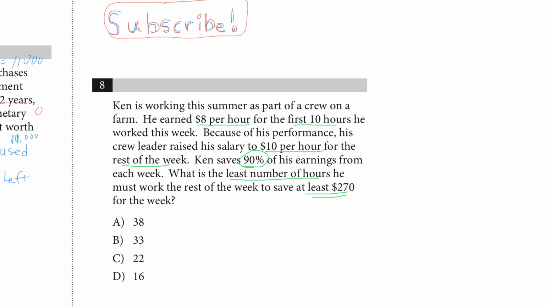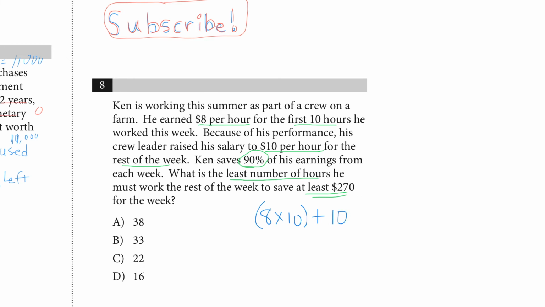Okay, so we know he makes $8 an hour. So for the first 10 hours, he's going to have $8 times 10. And then he's going to have $10 per hour for the rest of the week. So he has 80 here plus $10 an hour for the rest of the week.